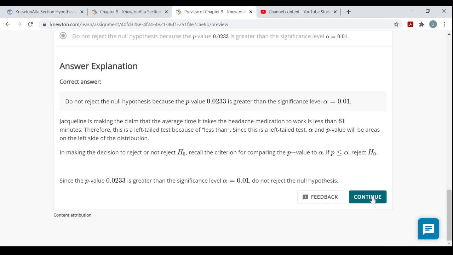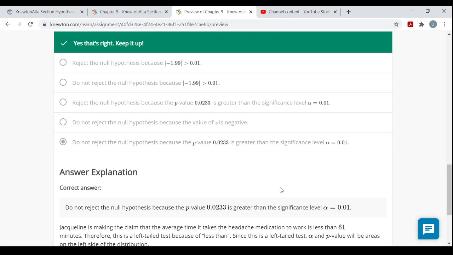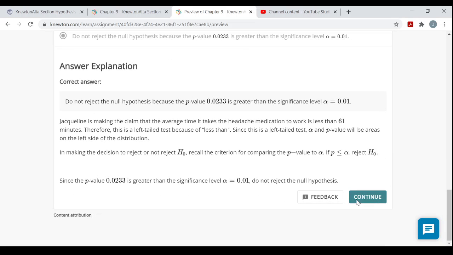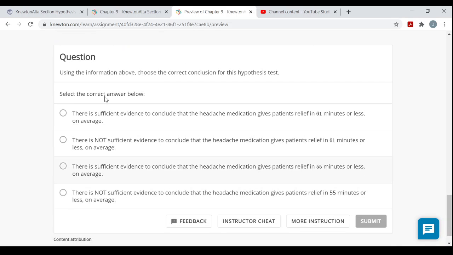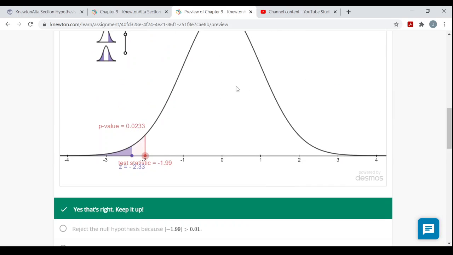And then there's another part to this where they ask you, okay, now that you've said you're not rejecting this, what's the conclusion? So use the information above. Choose the correct conclusion. Now remember, her statement was about being 61 minutes or less on average, right?